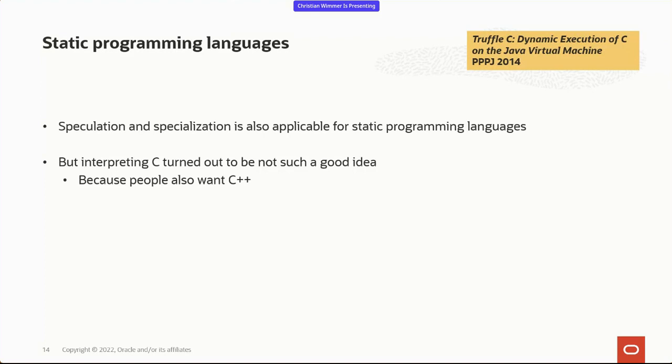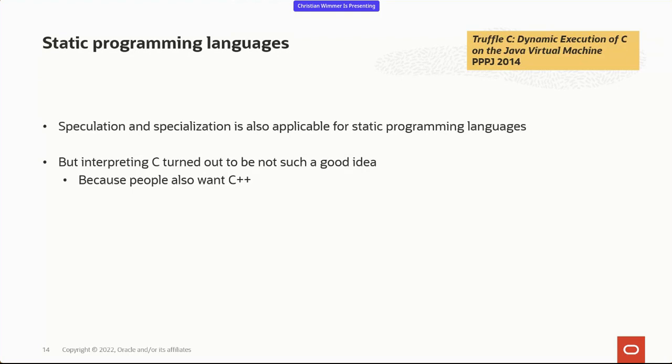It has advantages to run languages like C on a dynamic infrastructure, because you can speculate and specialize your C code the same way you can for JavaScript. So for example, you can speculatively inline function pointer calls based on your history that this function pointer call only had one callee.